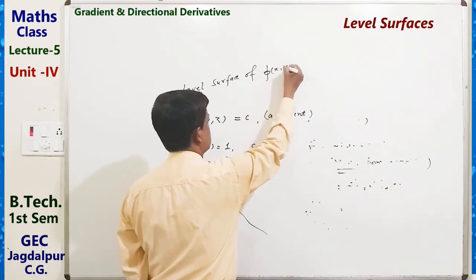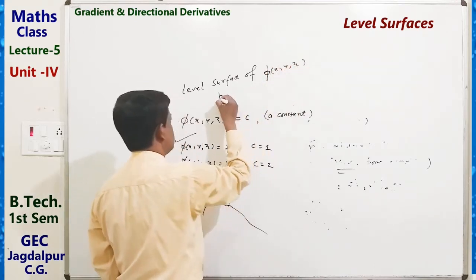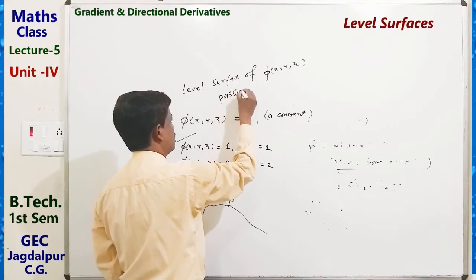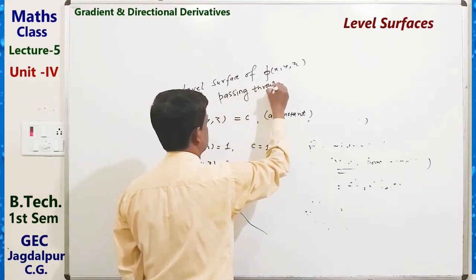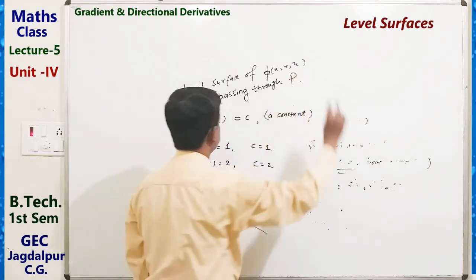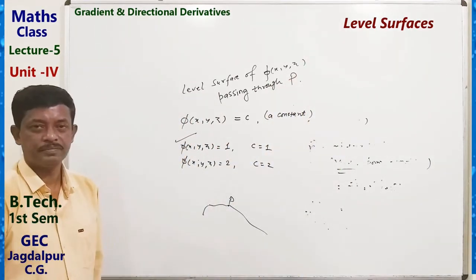Level surface of phi x, y, z passing through P. Clear?